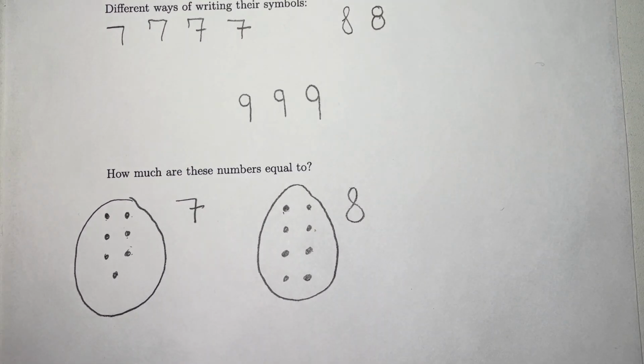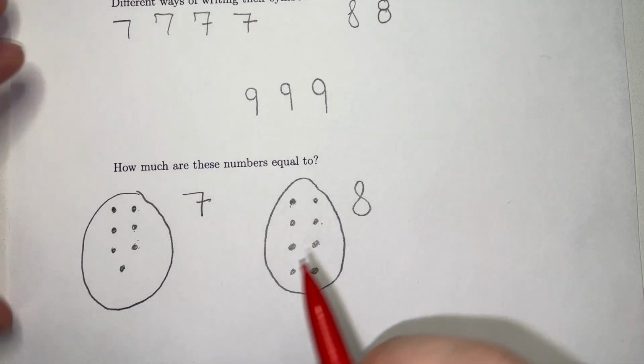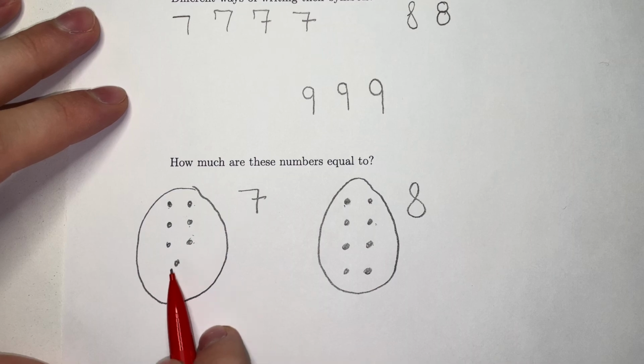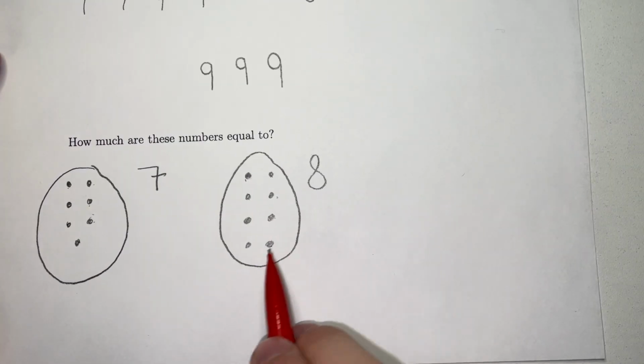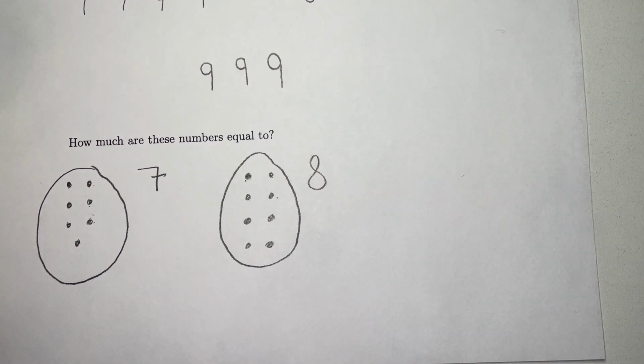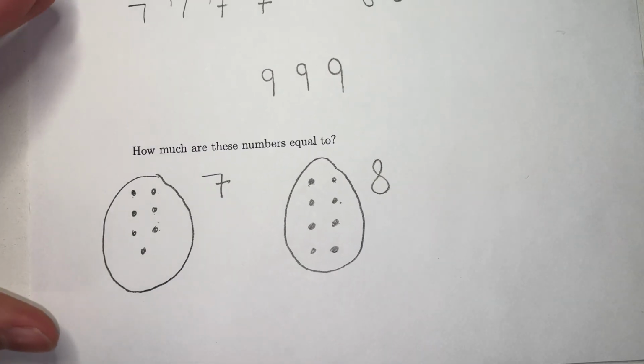And eventually we're going to talk about something special where all the numbers that have an extra single in them are grouped one way, and all the ones that don't have an extra single in them are grouped a different way. And we're going to talk about that later on.